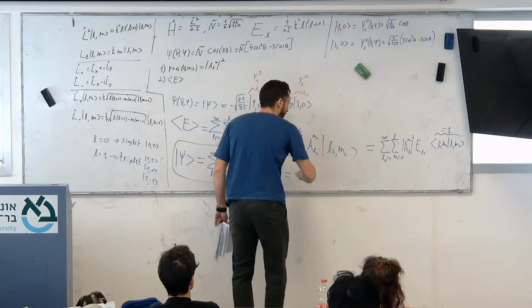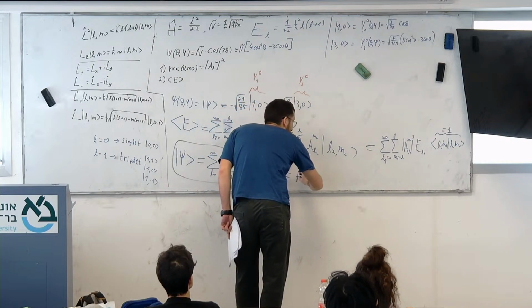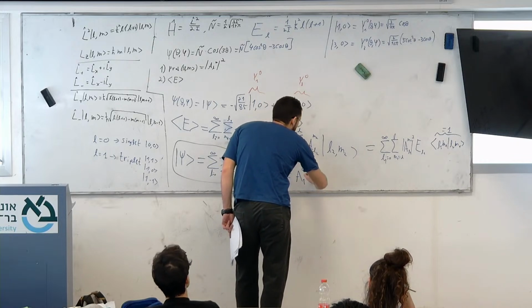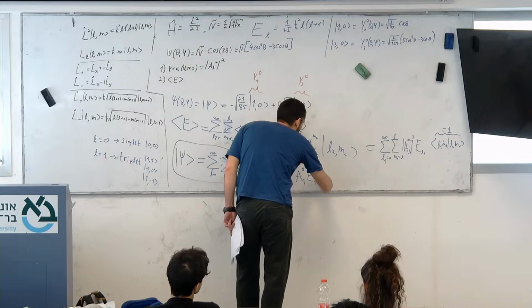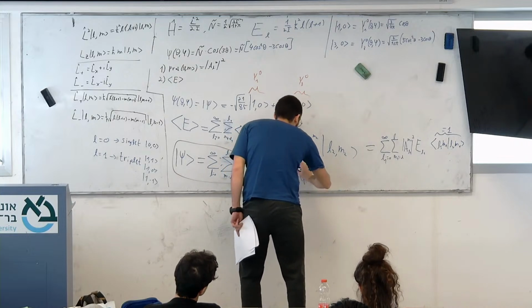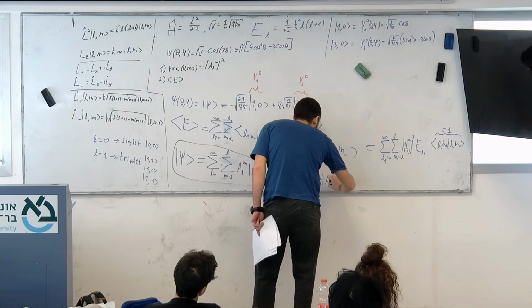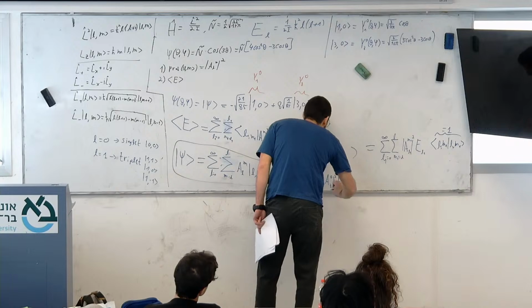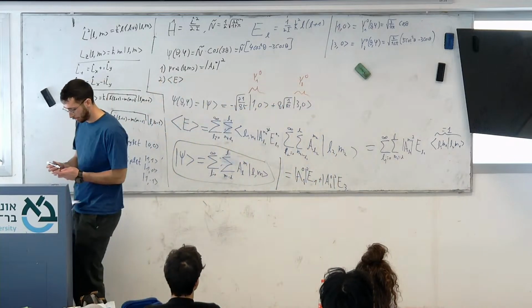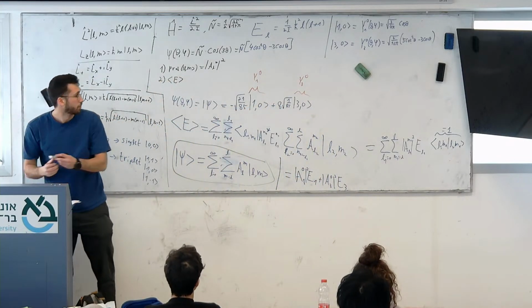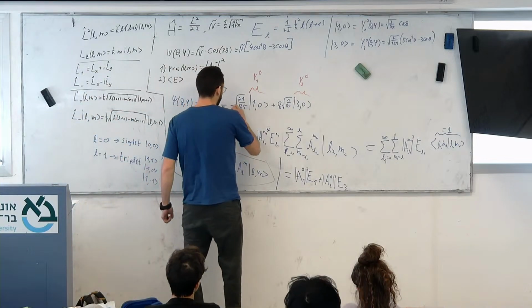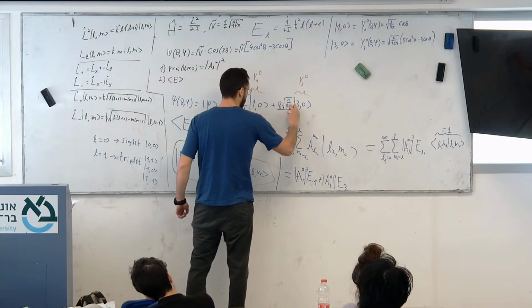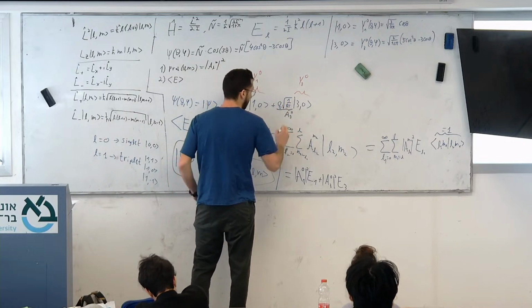So we're going to have the absolute value of A10 squared times E1 plus the absolute value of A30 squared times E3, where this coefficient is A10 and this coefficient is A30.